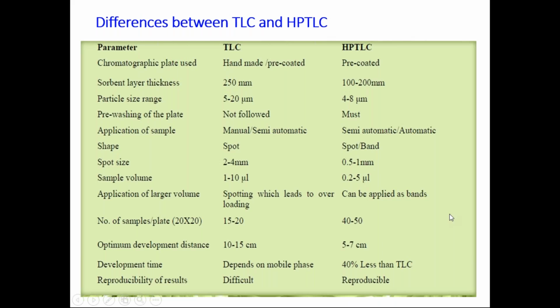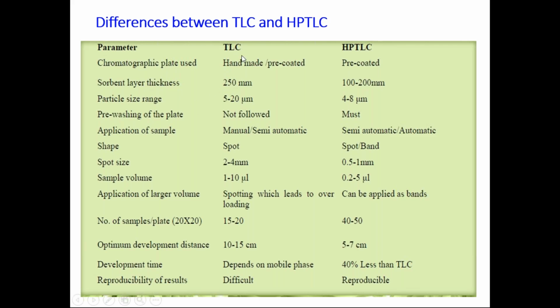The differences between TLC and HPTLC are: in TLC, you can use either handmade or pre-coated plates. In HPTLC, we use only the pre-coated. So therefore, they are uniform, you have a uniform layer. So the selectivity and the resolution is good.